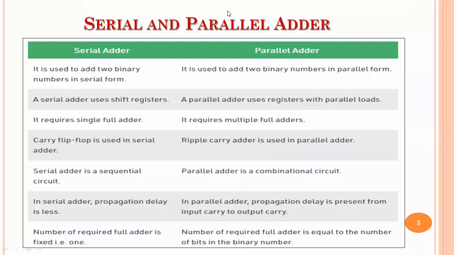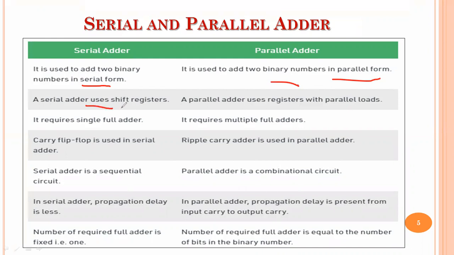Next is the difference between serial and parallel adder. Serial adder will add two binary numbers in serial form, whereas the parallel adder works in parallel form, because a number of full adders are used to add the binary numbers.